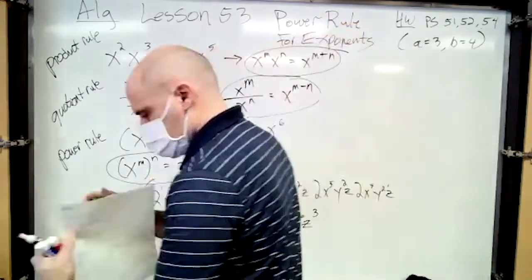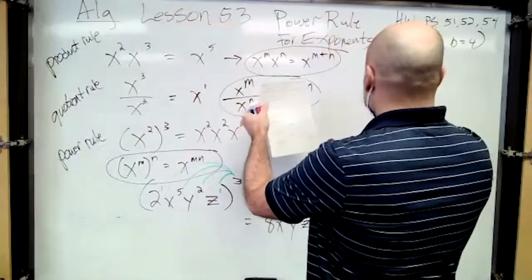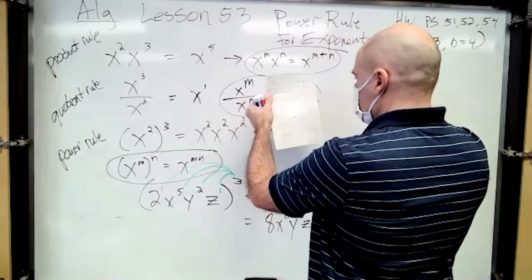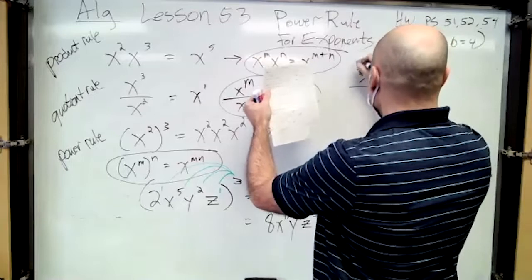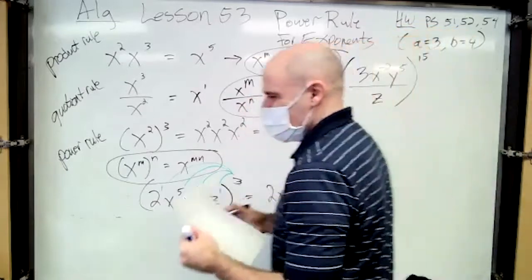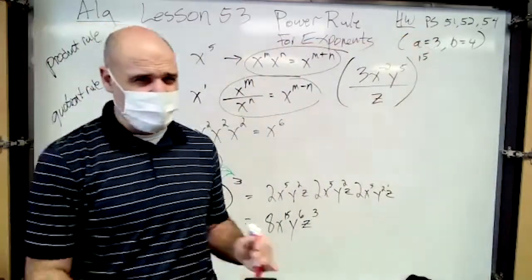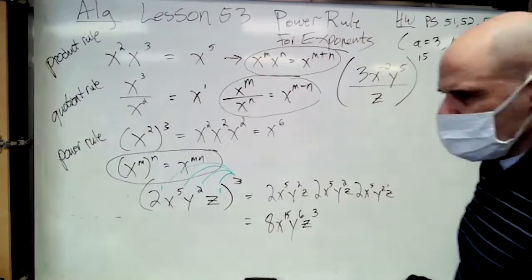Let's see if we can get crazy right away here. 3x to the negative 2, y to the 5th, all over z, all to the 15th. So this is about as complicated as these kind of problems are going to get. Okay, so let's deal with those exponents first, and then maybe we can simplify it a little bit more. We'll see. So see if you can do that one.